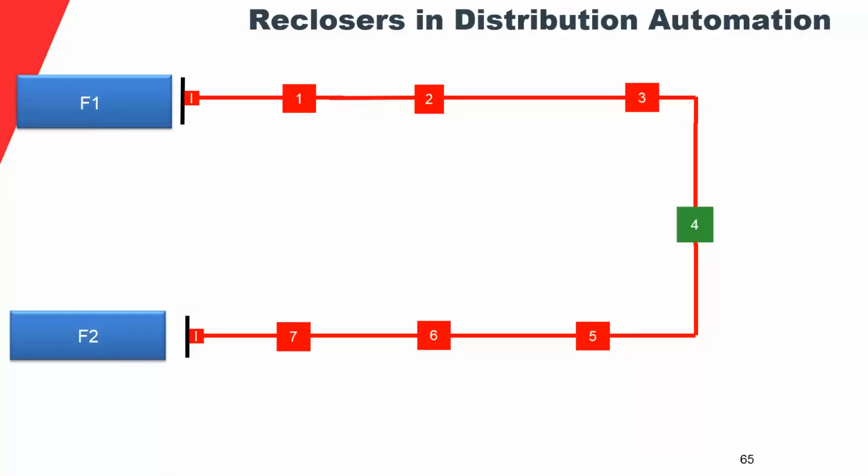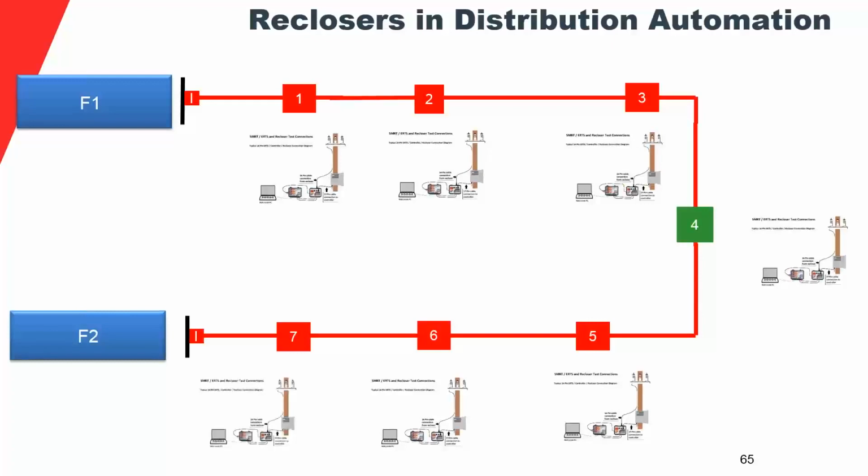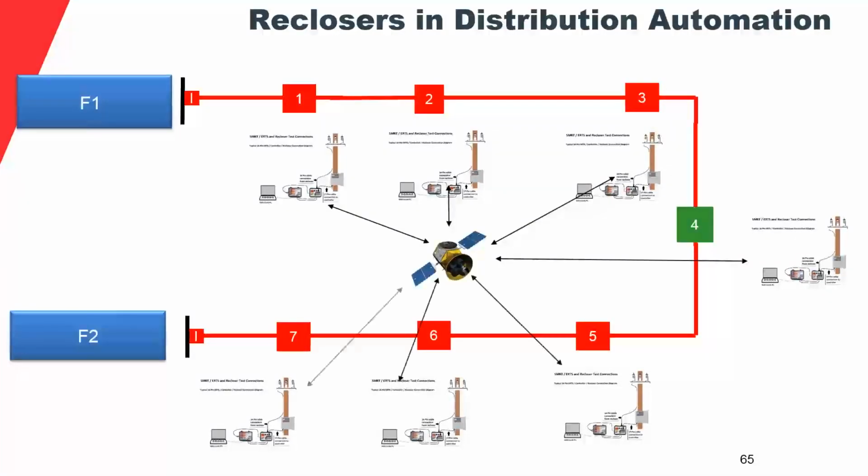Well, in this case, you could show up at each of the reclosers with a similar setup simultaneously and do a synchronized test, or what is known as an end-to-end test.